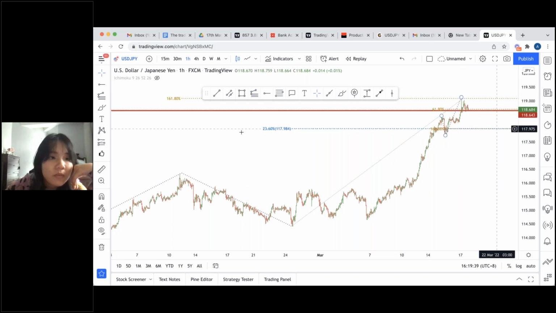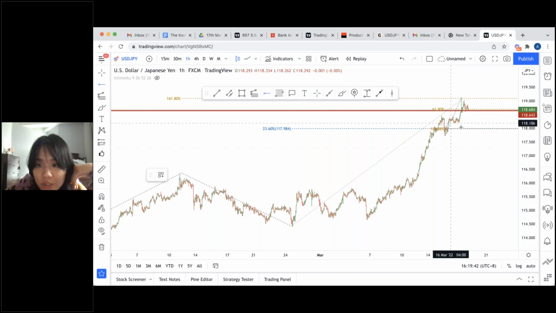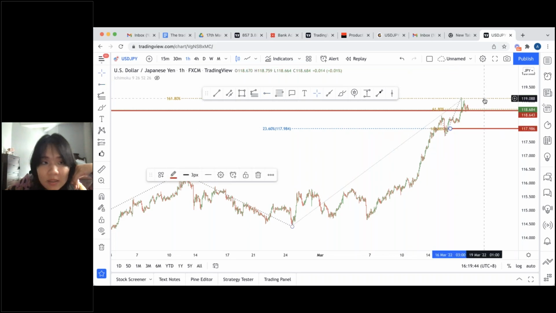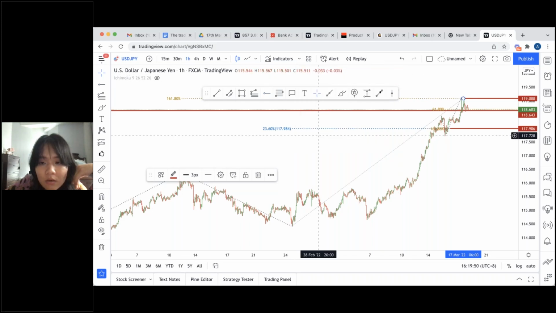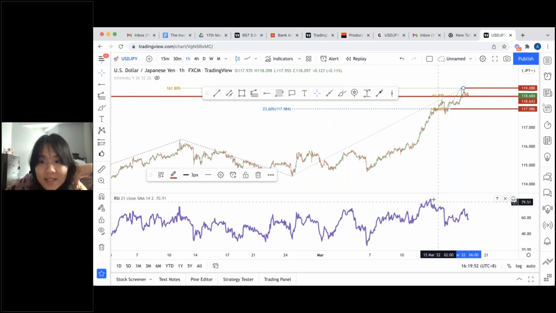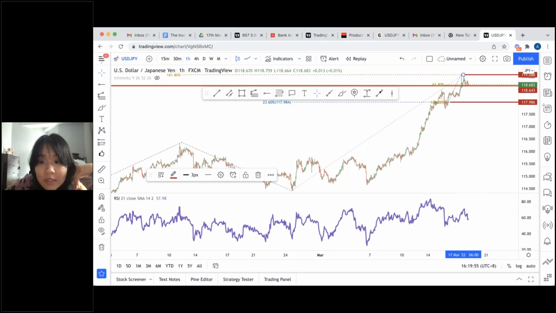If I were to arrange this, I would trade a short from here to here. But give me a moment, let me check if it's at oversold levels. There's divergence spotted on the hourly.